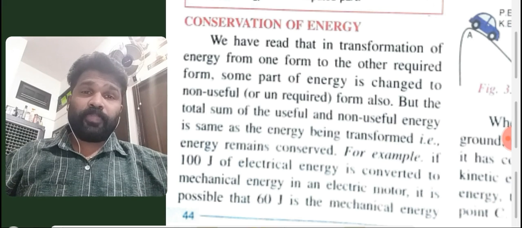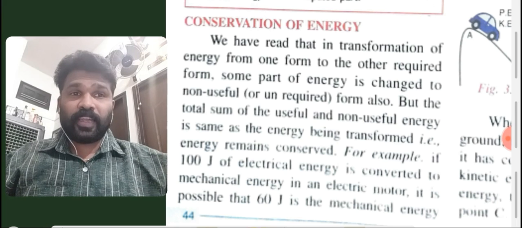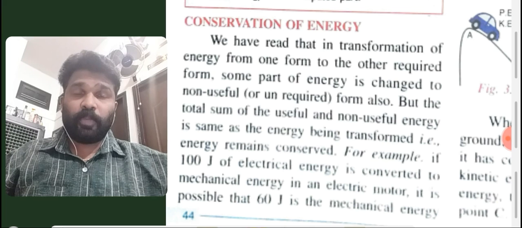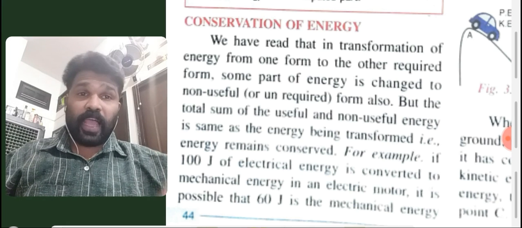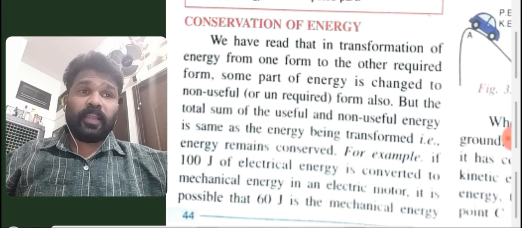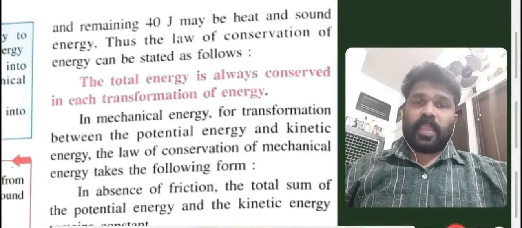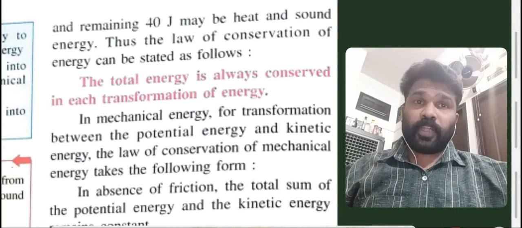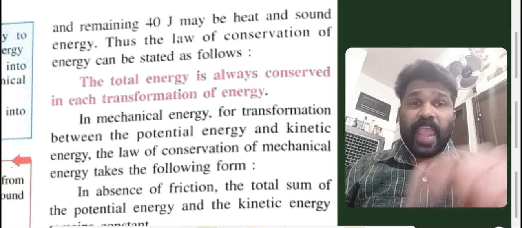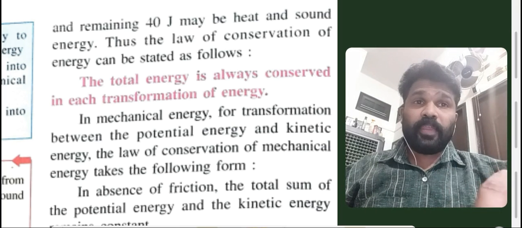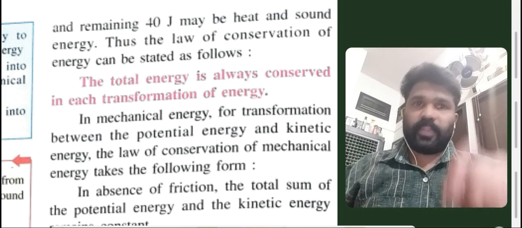For example, if 100 joule of electrical energy is converted to mechanical energy in an electric motor, it is possible that 60 joule is mechanical energy and the remaining 40 joule, total 100 joule, may be heat and sound energy.